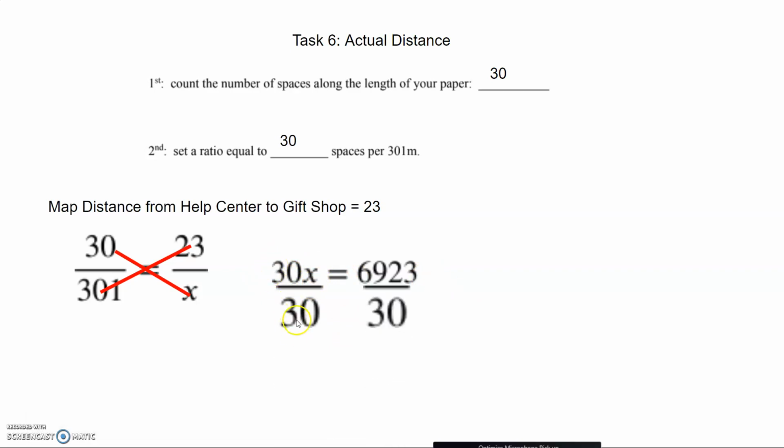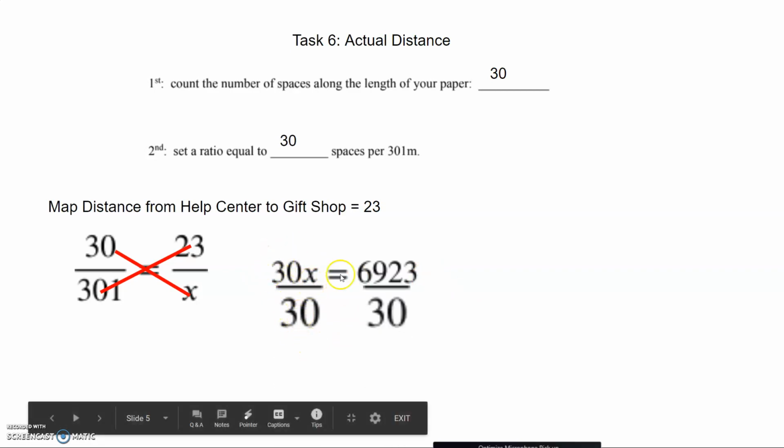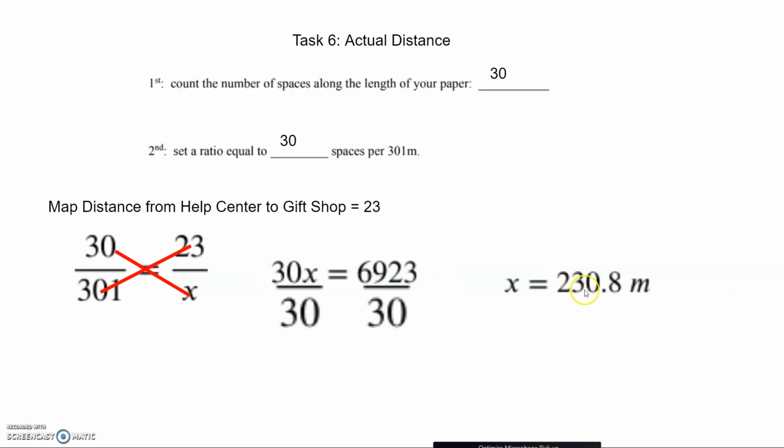So 30 divided by 30 is 1, that cancels out, and we get X equals about 230.8 meters. Which seems to make sense to me. This feels like a good number. If 30 units was 301 meters, then 23 is going to be less than 301, but not a lot less. So this feels like a good answer.